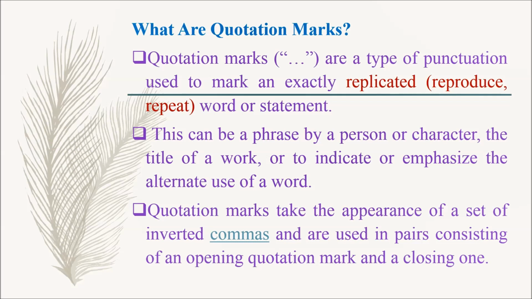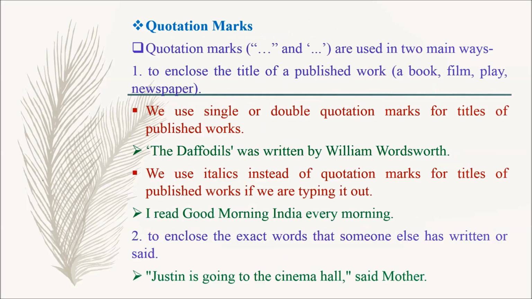Quotation marks take the appearance of a set of inverted commas and are used in pairs consisting of an opening quotation mark and a closing one. Quotation marks are used in two main ways. Students, here we can see double quotation marks and single quotation marks.